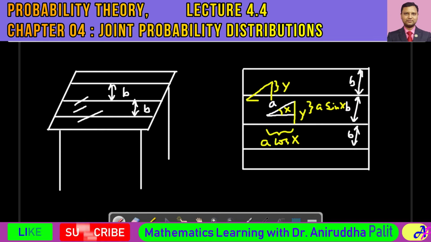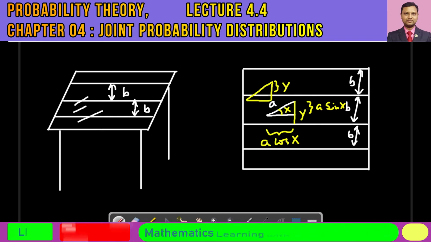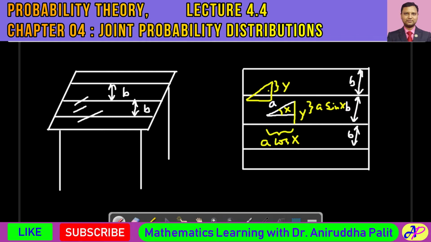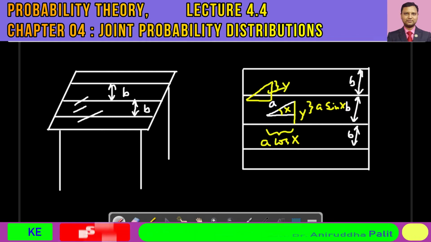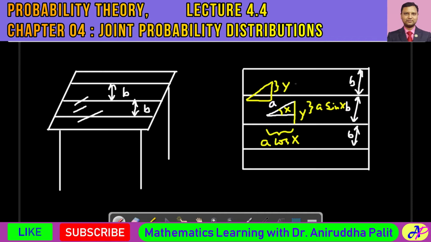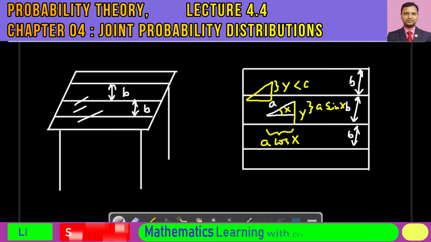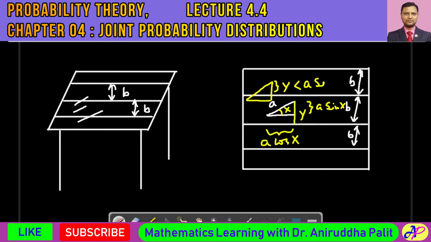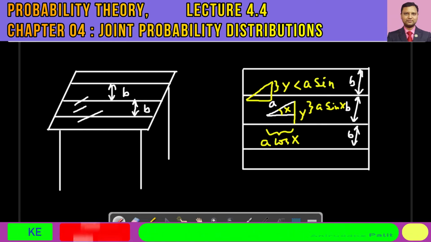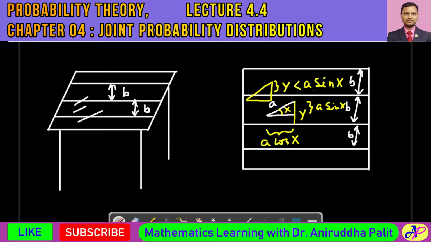This is the base of the triangle and this is the perpendicular. So we can say over here this y would be less than a sine of x. Why? Because a sine of x is actually equal to the length of the perpendicular.